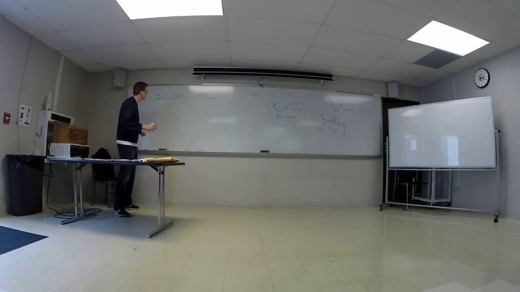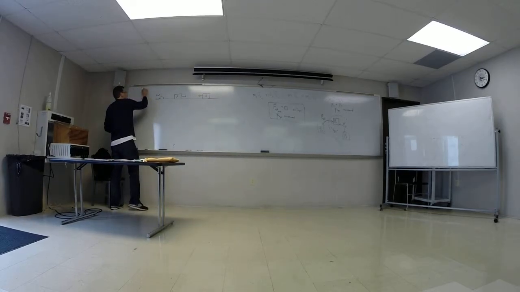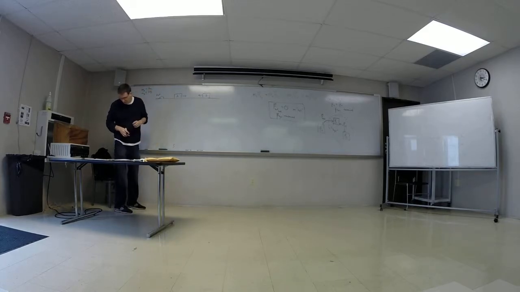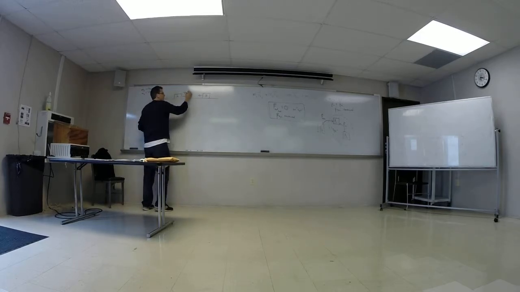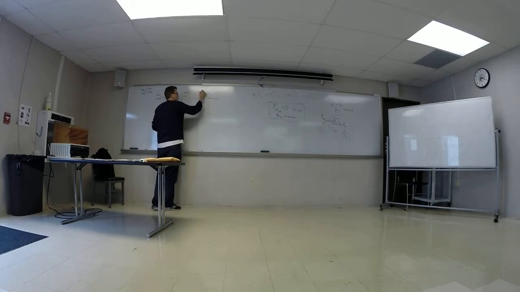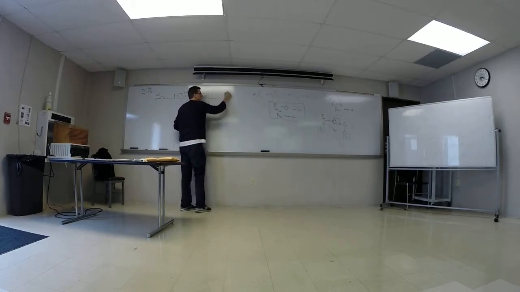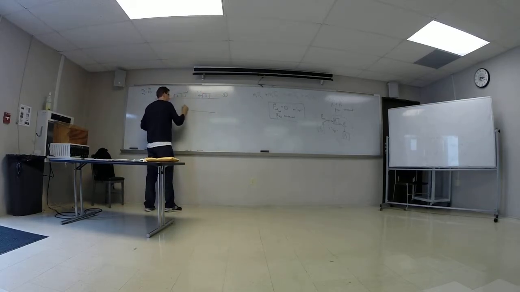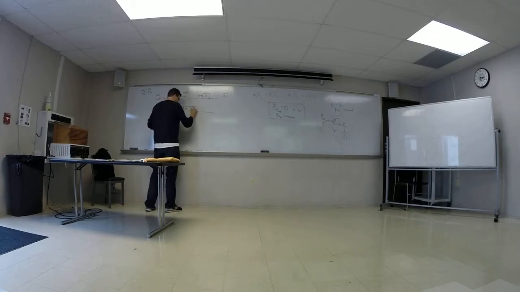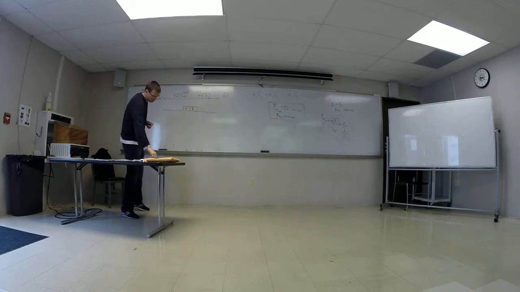Let's say that the mass of A is 1 kg, mass of B is 2. Let me give you some initial speeds. 3 meters per second, 4 meters per second. So this is my initial state of the system. They're going to have some kind of collision, like so.